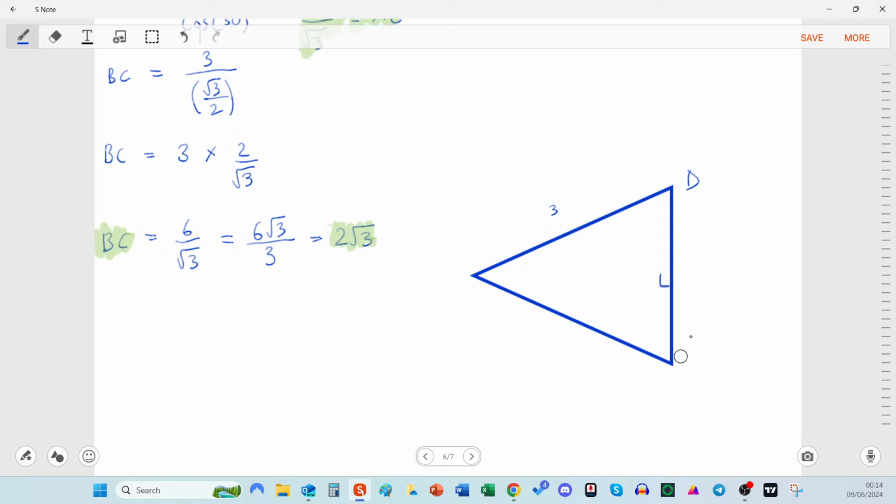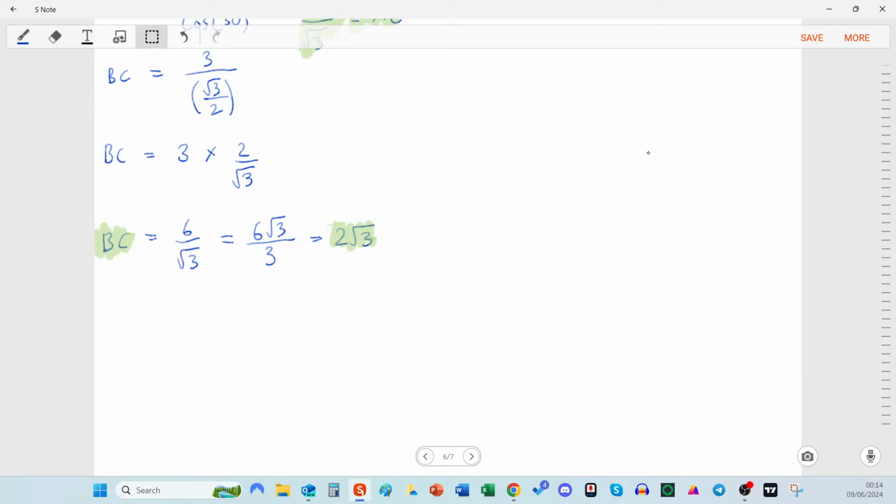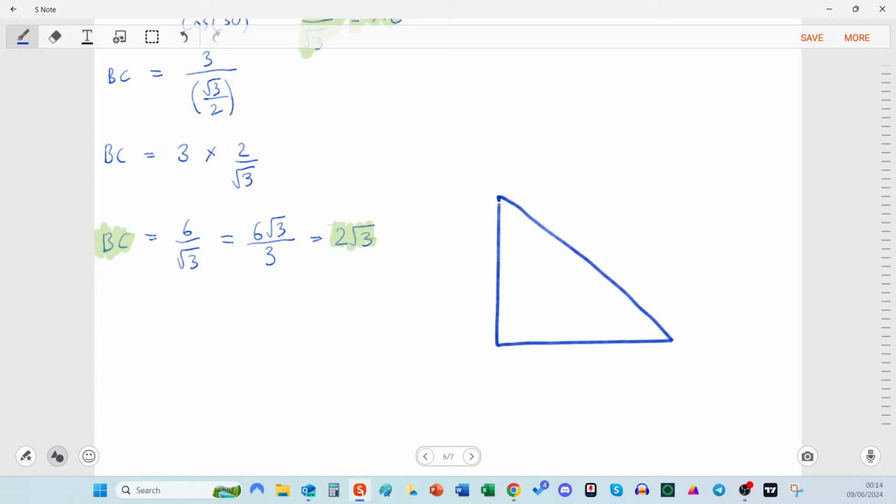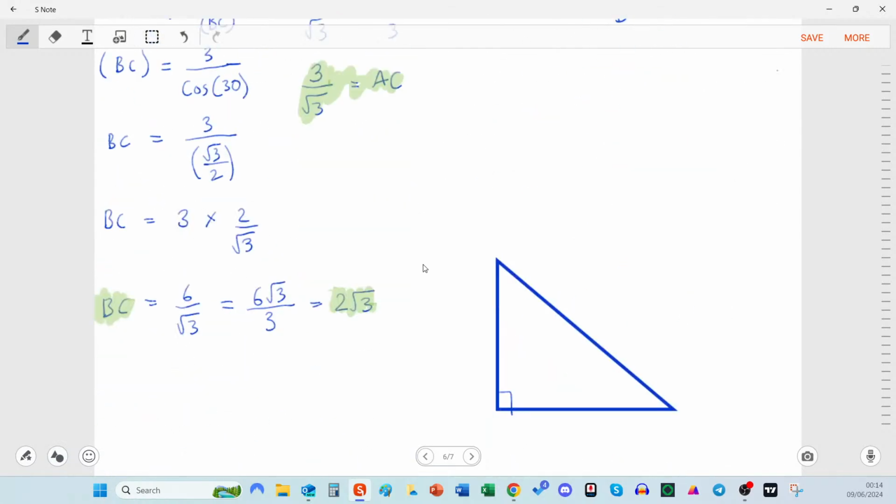So let's draw that a little bit better to reflect the diagram. Okay, so it's a right angle in the corner, like this. Oh, shape recognition should help. And this is the top, so ADC.